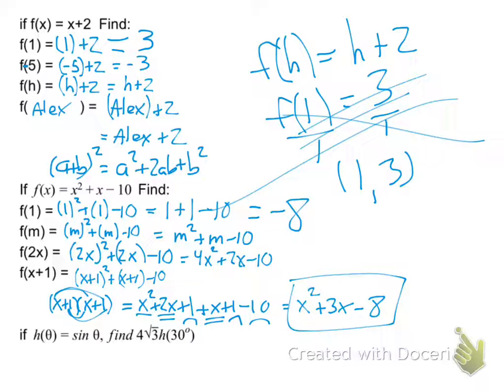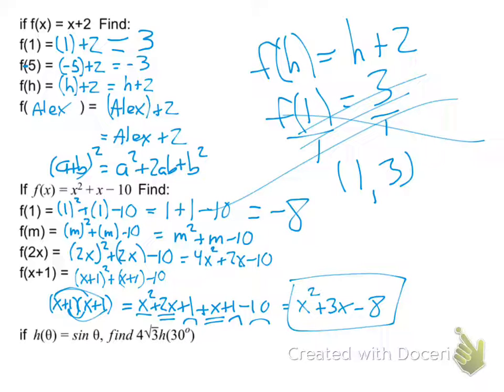So this function says that it's sine of theta. So wherever you see theta, you're going to put it into h of theta. You're going to put it in sine of theta. And so I have 4 times the square root of 3.